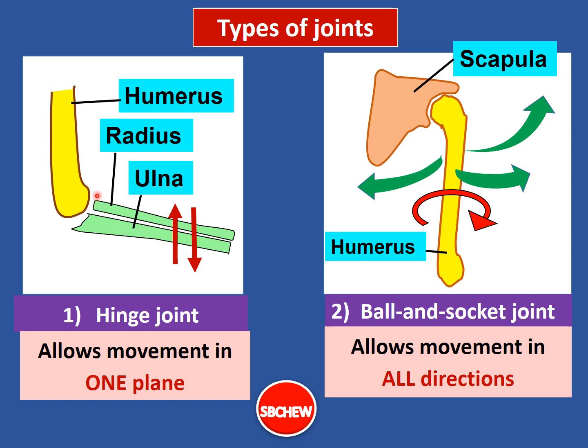If you fix the shoulder joint so that it does not move at the top, and you try to move your radius or ulna, that means the lower arm, you'll find that it can either go up or down only. That means the movement is in the vertical plane, only one plane.